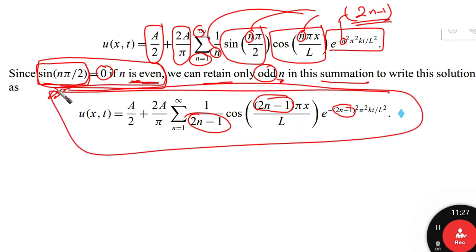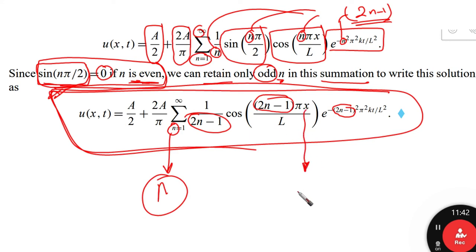This is our solution. It depends on what exactly? First of all, it depends on the number of terms that we are going to take, which is n. Number 2, it depends on x, the point where we are evaluating the temperature. And number 3, we have the variable t, which is the time at which we evaluate the temperature.